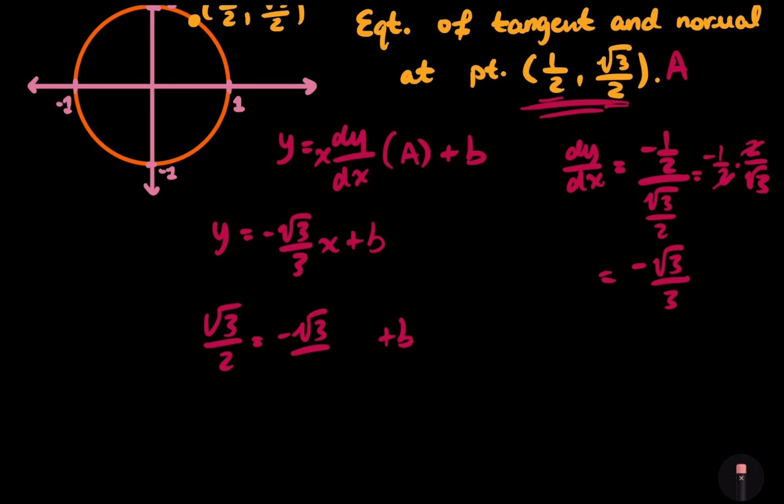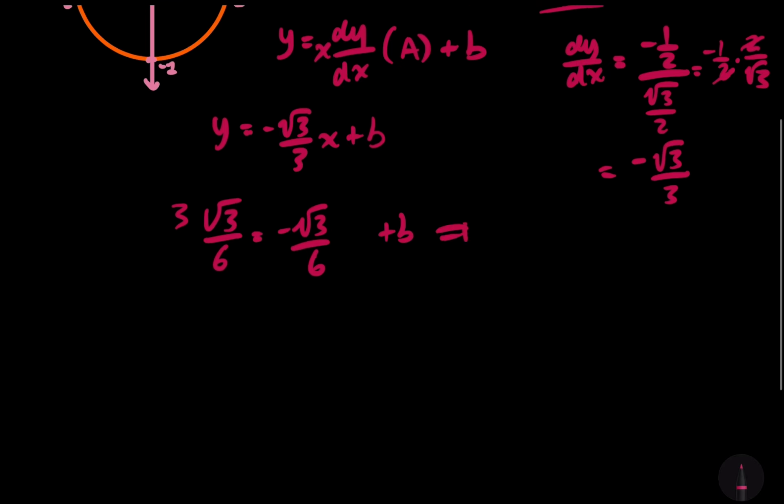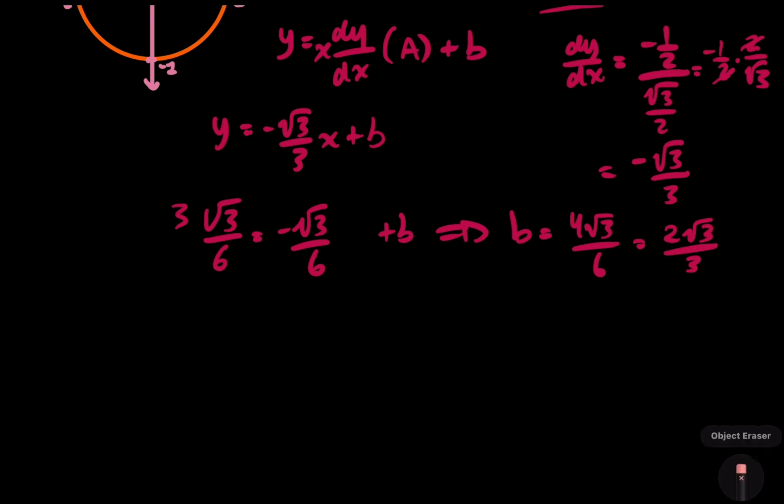Over here we can rewrite this as negative square root of 3 over 6 plus b, and we can express the square root of 3 over 2 as 3 times the square root of 3 over 6 so that we have a common denominator, and then we'll end up with b equals 4 square root of 3 over 6, right, which is just going to be 2 square root of 3 over 3. And then that right over there would be the equation of our tangent line.